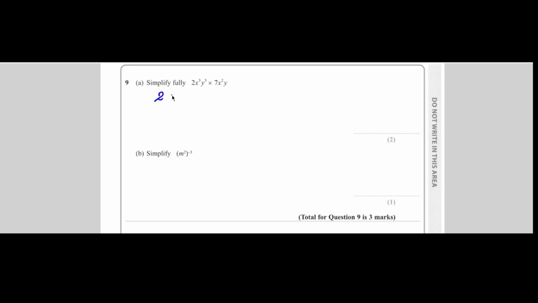So 2 into 7. If it is addition or subtraction, you can't write like this. Into x to the power of 3 into x squared, y to the power of 5 into y. Now I know that I can multiply them out straight away, which becomes 14.